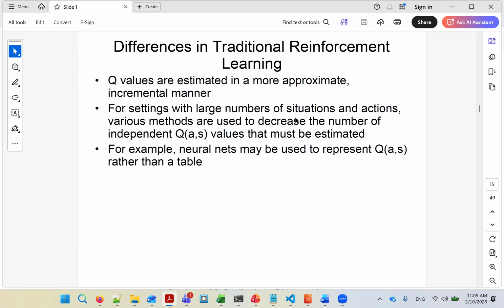All right, so these are the differences from traditional reinforcement learning, which we're coming to. In traditional reinforcement learning, the Q values are estimated much more approximately. Apparently well enough, because it's been successful for all kinds of applications, but more approximately. And for settings with large numbers of situations and actions, that would be a lot of Q(s,a) values that you'd have to estimate. So you might be thinking about how you could avoid explicitly estimating all of those.